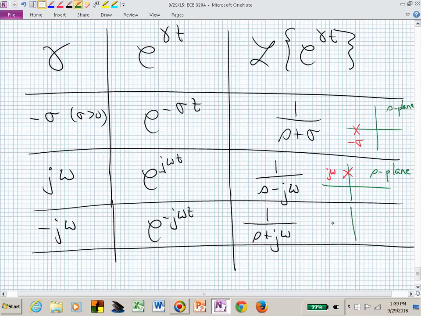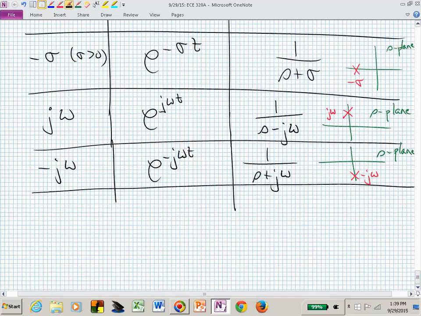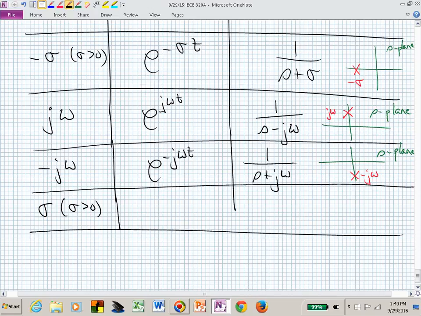And in terms of my poles and zeros, I now have a pole at minus j omega. One more. What if I allow gamma to indeed be a positive value, a positive real number?